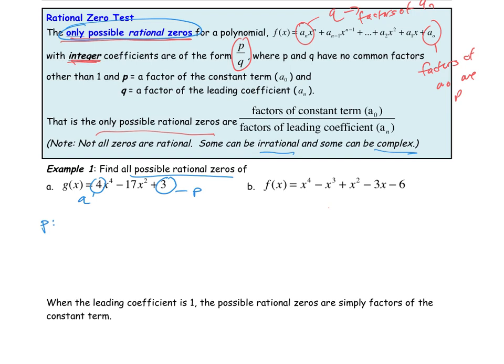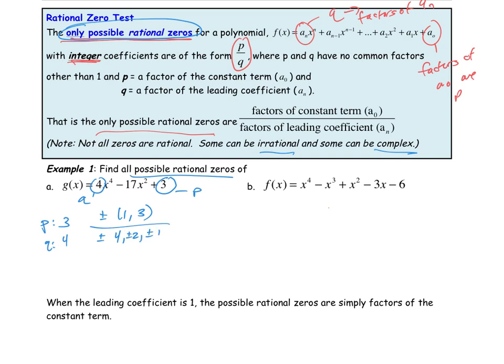So p in this case is 3. The factors of 3 are plus or minus 1 and 3. The factors of q, in this case 4, are plus or minus 4, plus or minus 2, and plus or minus 1.